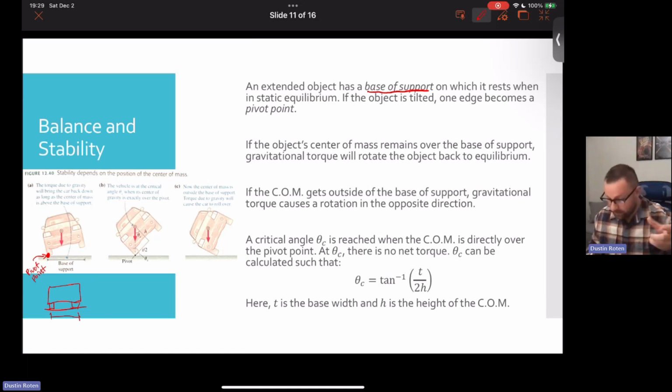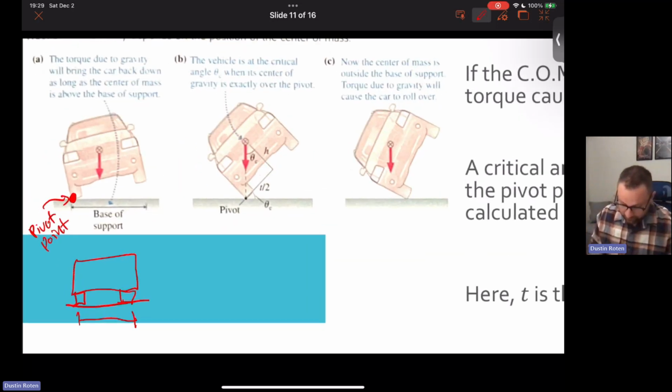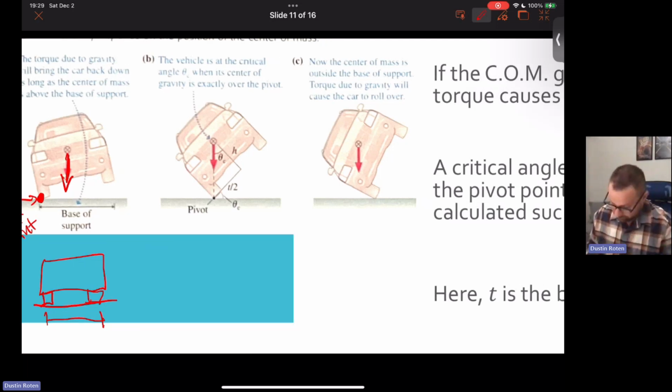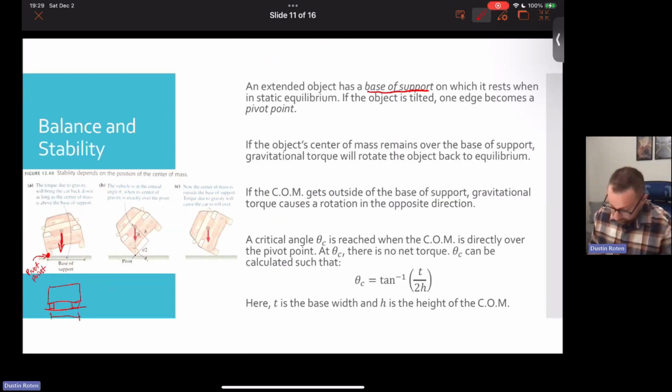So if the object's center of mass remains over the base of support, gravitational torque will rotate the object back to equilibrium. You can see here, this car is clearly not going to flip over in this picture because gravitational torque is going to pull it back down to the base of support. However, if the center of mass goes outside the base of support, the gravitational torque causes a rotation in the opposite direction.